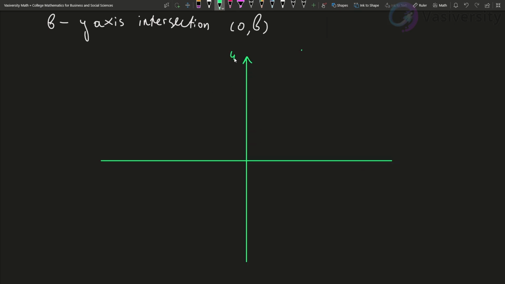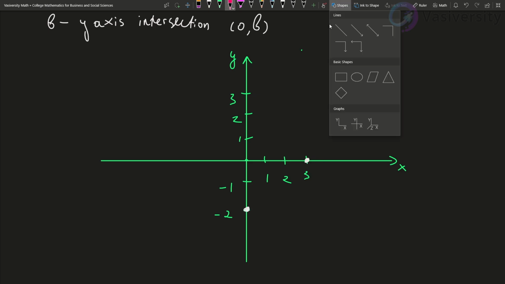First we have the y-axis, the x-axis, and we have 0, 1, 2, 3, and then 1, 2, 3. So we're going to have -1 and -2. So our 2 points are going to be -2 and 3, and then our line is going to be passing through these points.